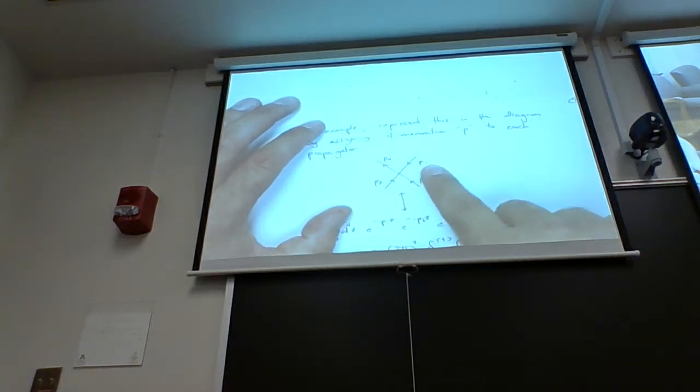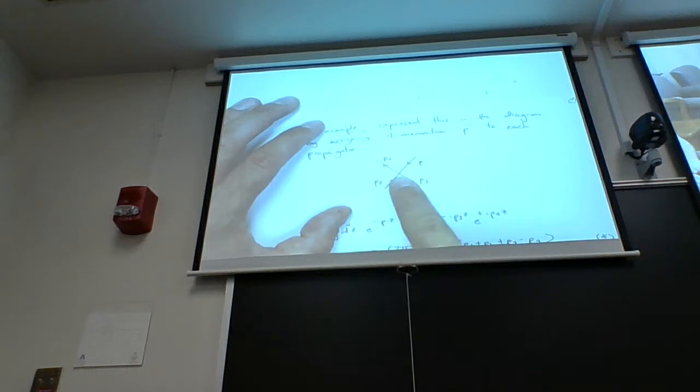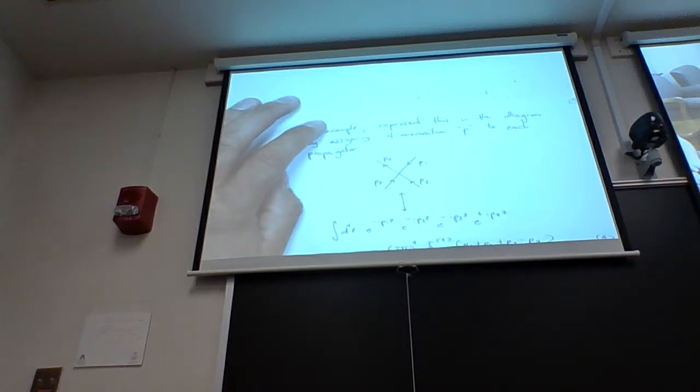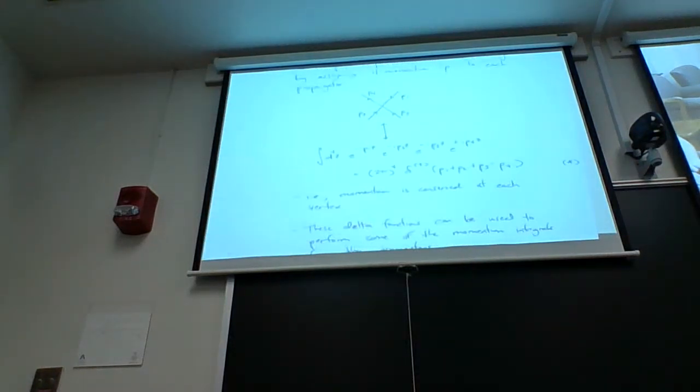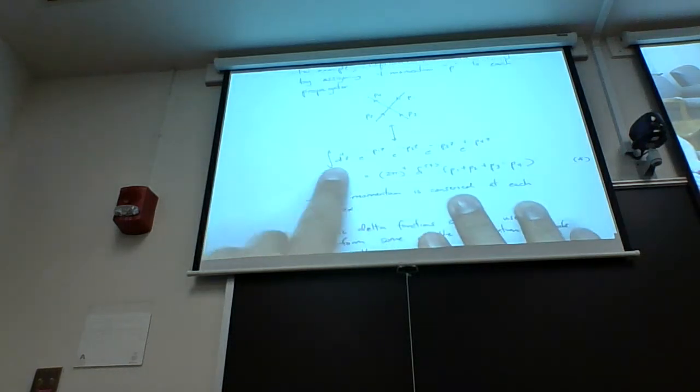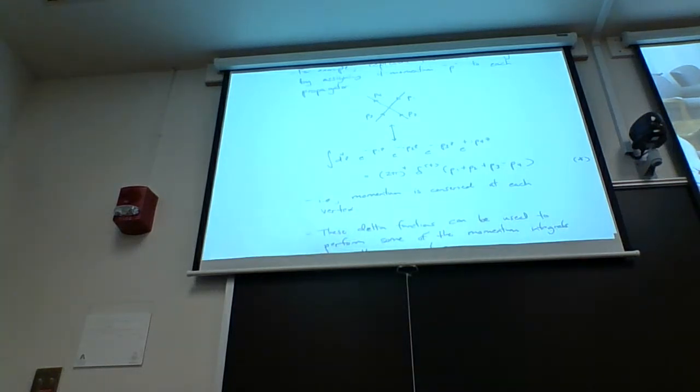Here I've got P1, P2, and P3 all incoming, flowing into the vertex, and then P4 is going out of the vertex. What I would do is take our Feynman rule for the vertex, which would be this thing, but I should have the factor of the coupling out here.